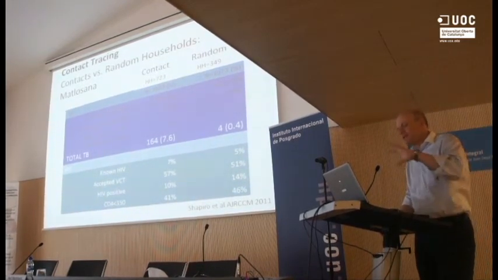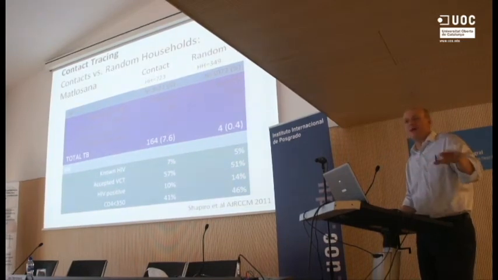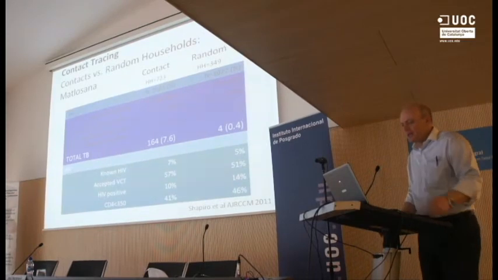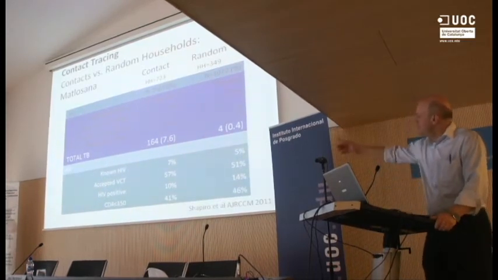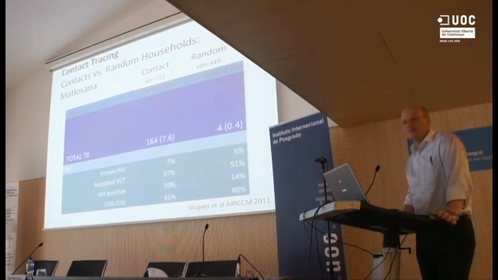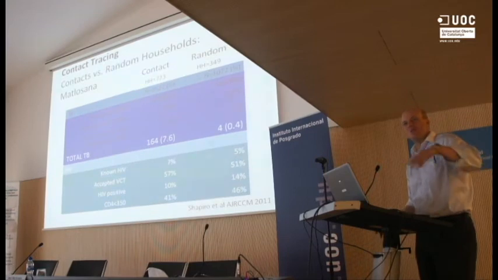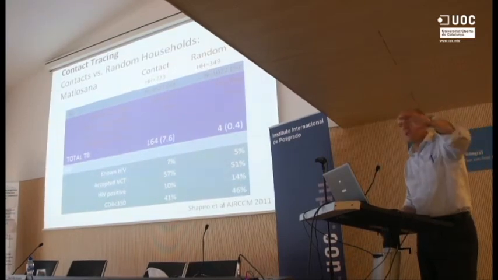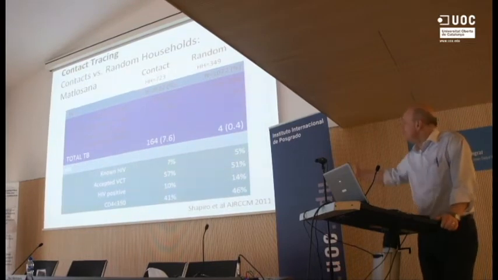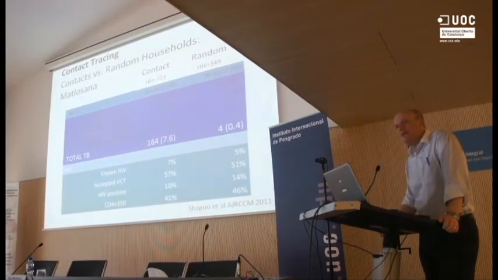So we just restricted our investigations to household members of an index case of TB. If you look at the total TB line, in the contacts of an index case, 7.6% of them had TB. Whereas in randomly selected households, where we used Google, worked out coordinates and randomly selected households, only 0.4% had TB.